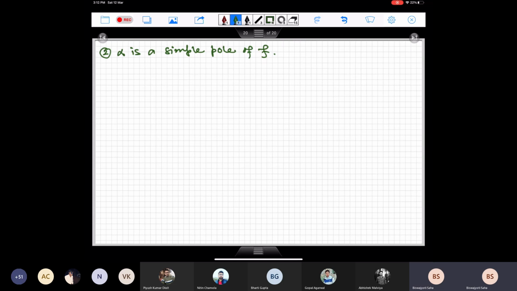So I have my f, which has a simple pole at alpha. It starts with, let's say, a minus 1 divided by z minus alpha, plus a naught, plus a1 times z minus alpha, plus a2 times z minus alpha square, and so on and so forth.